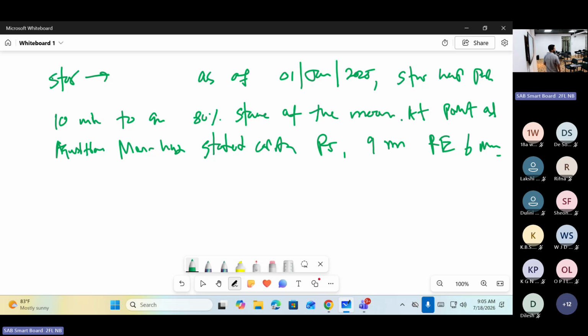The fair value of non-controlling interest as at the acquisition date is 2 million.